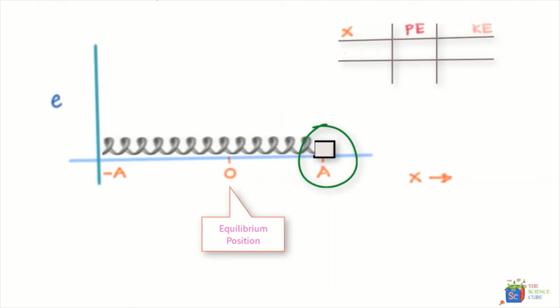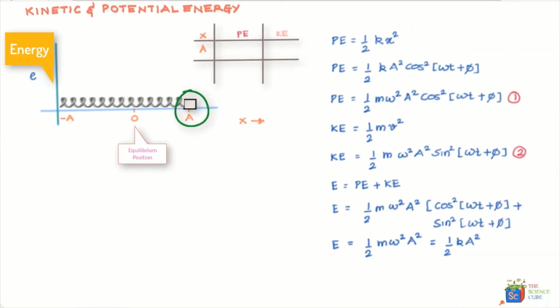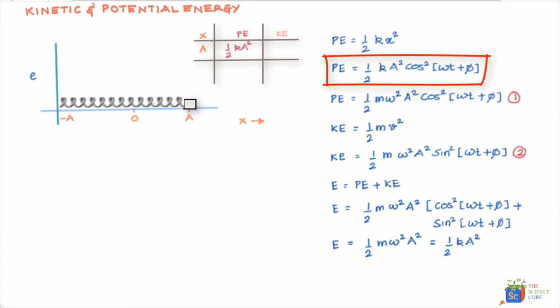Look at point A. Point O is our equilibrium position, point A is our right extreme point and minus A is our left extreme point. This is the graph between energy and amplitude. At point A, we have maximum potential energy, so we write potential energy is equal to half k a square.